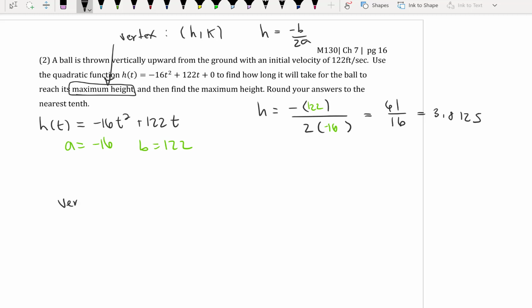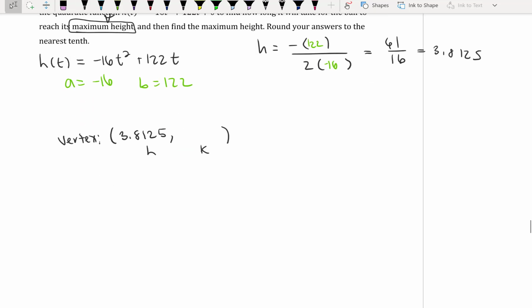So my vertex, that h value is 3.8125. And now I have to find that k value. I don't know what that k value is, but I know how to find it, and that's by plugging it into my original equation. So h of t is equal to negative 16 t squared plus 122t.